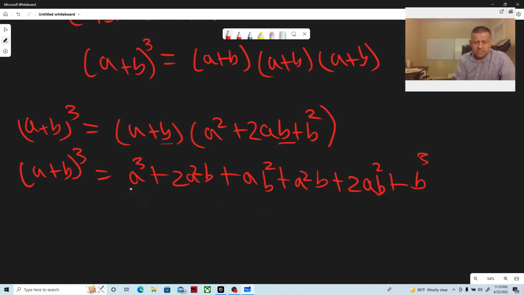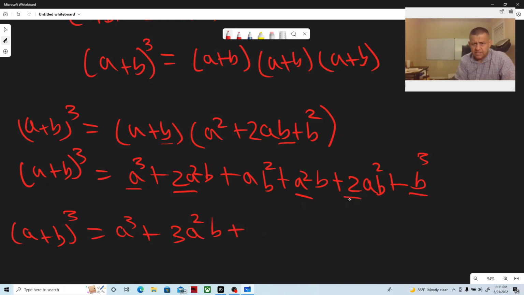Now we add this, right? I know that I don't have an a cubed and I don't have a b cubed, right? But what I can do, I can say that a plus b cubed is equal to a cubed plus this and this, right? So it's equal to 3a squared b plus this.